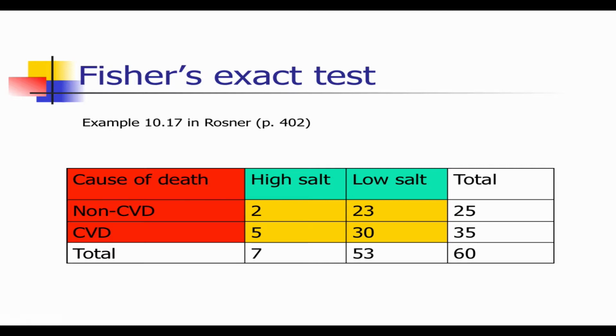It tells you, under the null hypothesis, if the high salt individuals have the same proportion of cardiovascular or non-cardiovascular deaths compared to the low salt individuals, what should you expect given you have this 25 and 35, and given you have 7 and 53, those margins fixed?